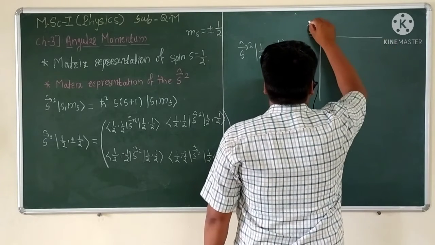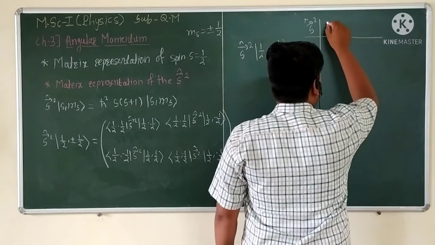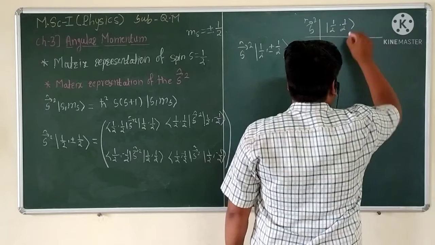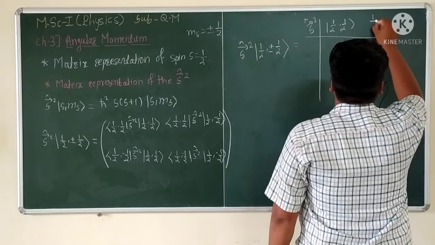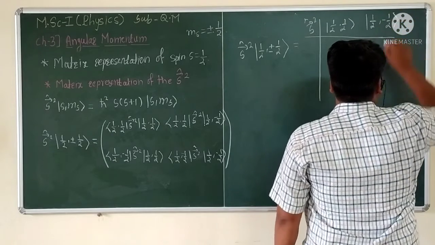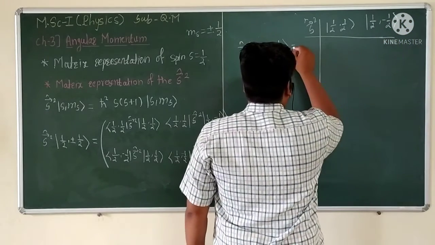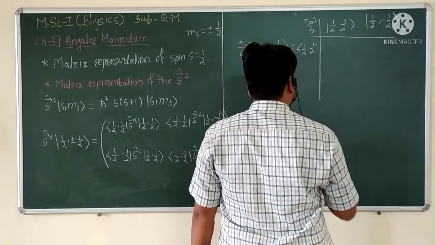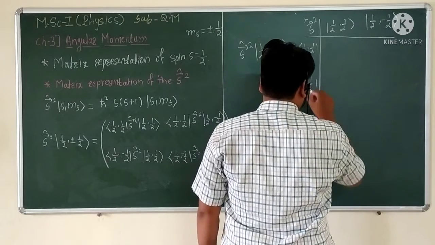So this is the s square. And here the ket vector half half, and here also half comma minus half, so that is the eigenbasis. Or here it is half comma half, and here half comma minus half.